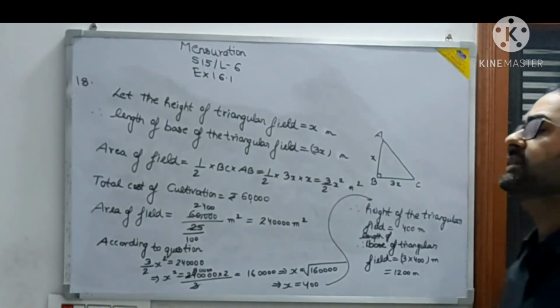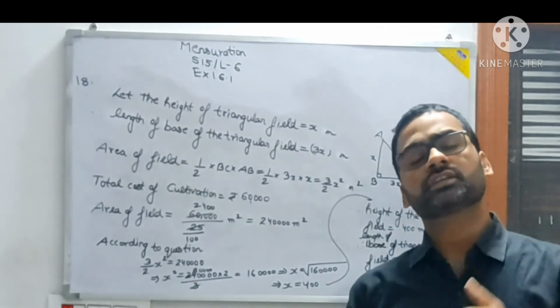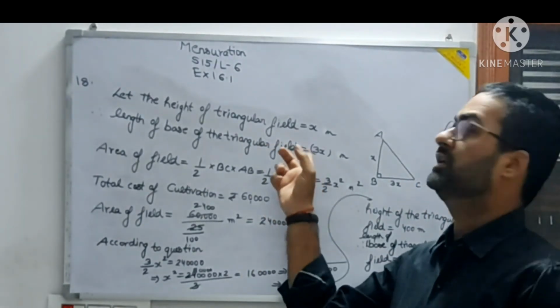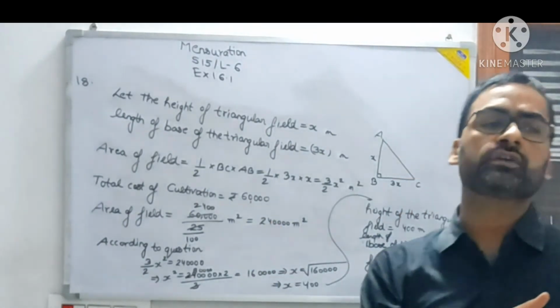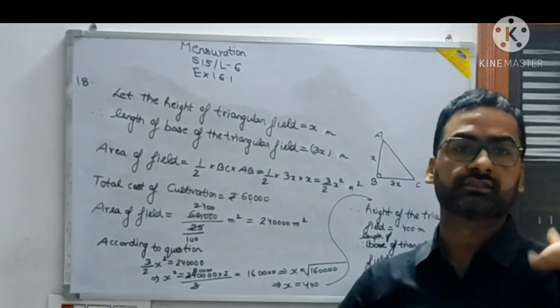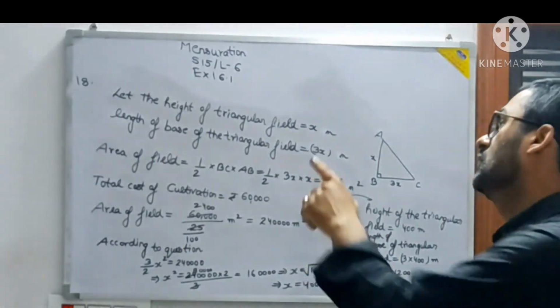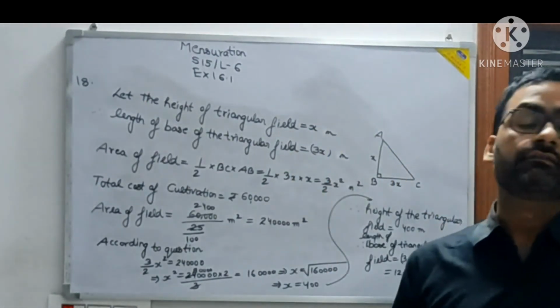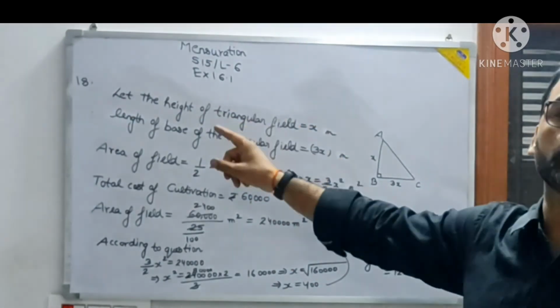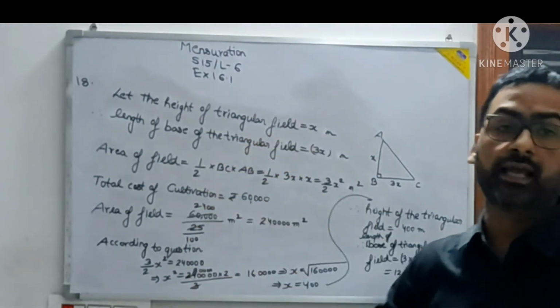They have also given a relationship between the base and height. The base is 3 times the height. Whatever is in multiple fold, you don't assume; we assume what is given, which can be taken without any consideration. Because the base is dependent on the height, we will not assume base, we will assume height as x.